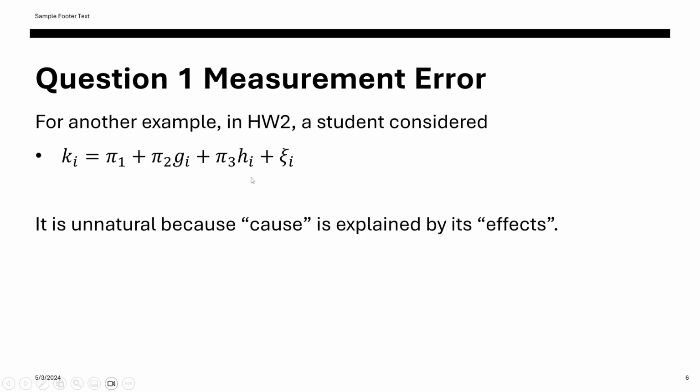So this way of explanation is kind of wrong, kind of unnatural. You are using K as a result and G and H as explanatory variables. That does not make much sense. Usually K generates G, not the other way, right? At least in this question, okay?